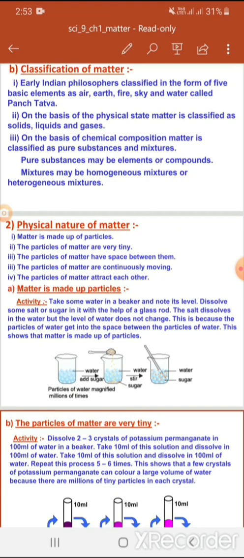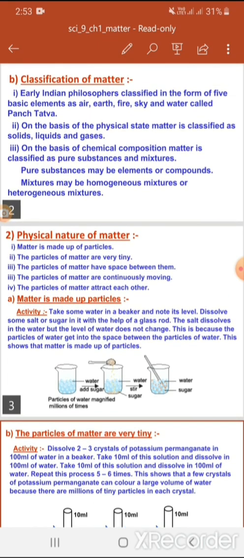Now in modern time we classify on the basis of physical state. Matter is further classified into solid, liquid and gases. So solid, for example ice, turns into liquid state which is water, and if water evaporates, it turns into gaseous state.